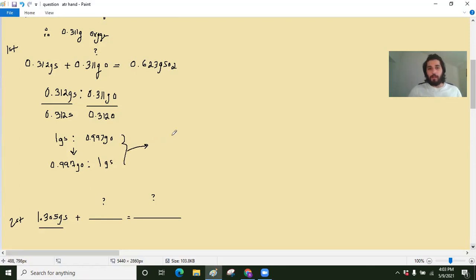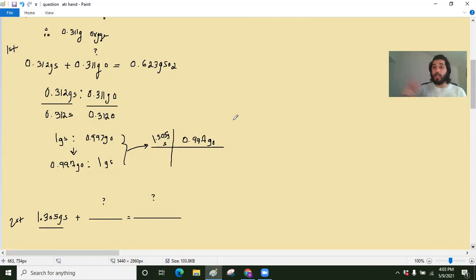So you take what you have, and this is a famous conversion method. You take what you have, which is 1.305 grams of sulfur, and you want it in terms of oxygen, how much oxygen you would need. And so you put the oxygen on the top, so you say 0.997 grams of oxygen, right?